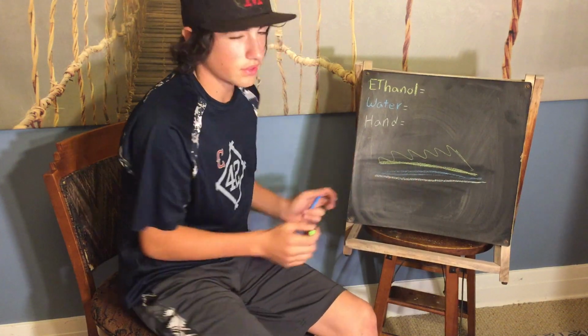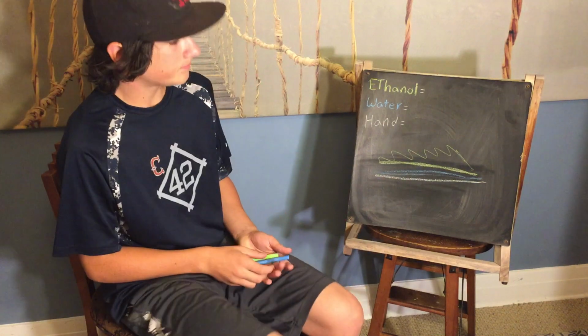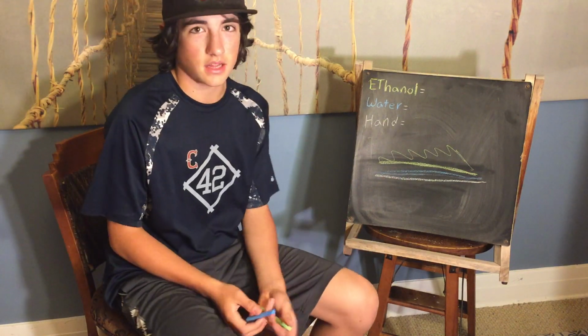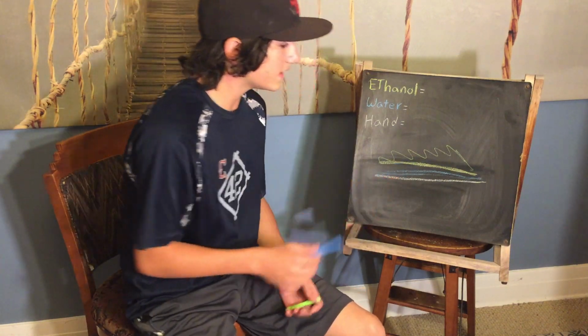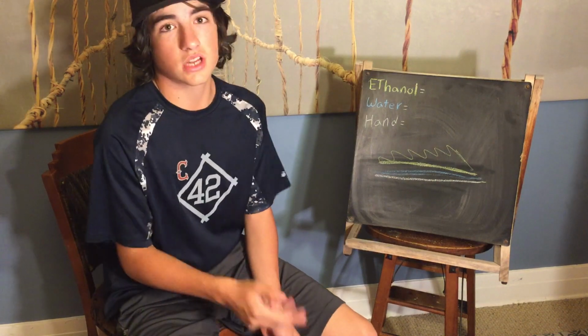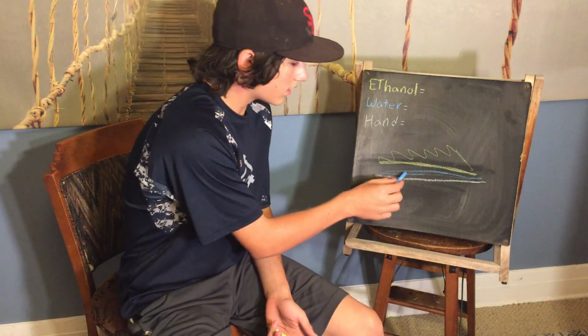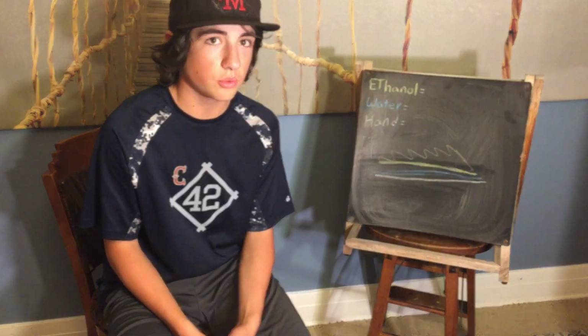And what protects you for those 3 to 5 seconds is the water. The ethanol is not a strong chemical. Well, it is a very strong chemical, but when it's burning, it has a short life of burning, so it burns very quickly. And as it's burning, the water is evaporating, so you don't have much time to hold it. So the water is protecting your hand for those 3 seconds that you have to hold it.